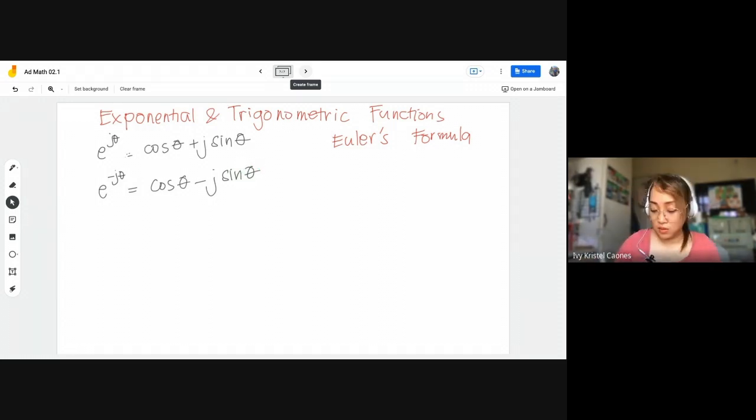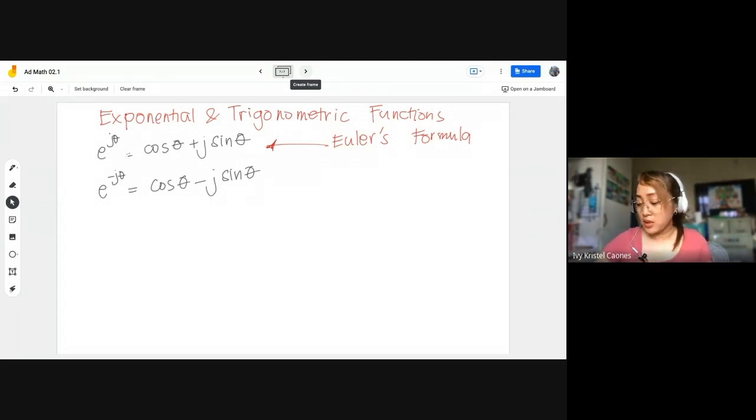And this is your Euler's formula. Okay? So as you can see, we relate the exponential form of the complex number to the trigonometric function. As I mentioned earlier, just make sure that the exponential should be in radians, and the theta in the trigonometric form can be in radians as well as degrees.